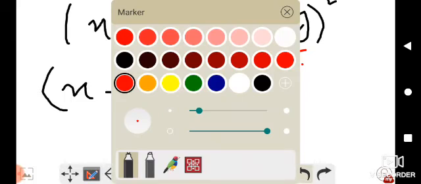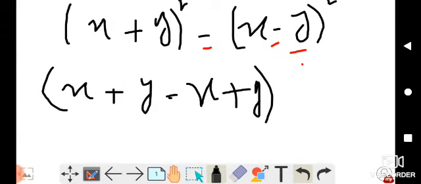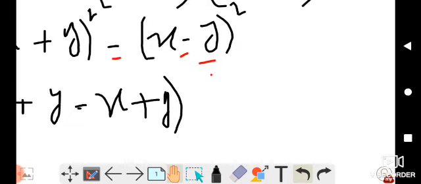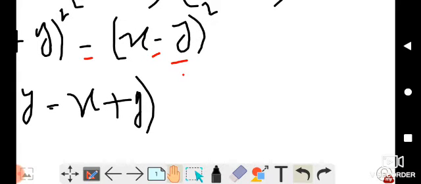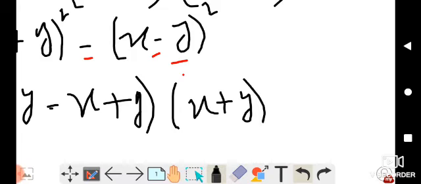Now in the other bracket, see now, x plus y is one bracket, and sorry, you remove this bracket from here.